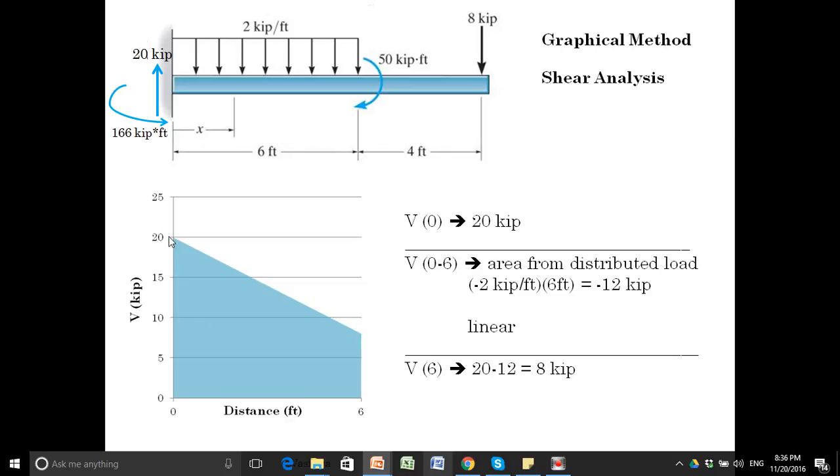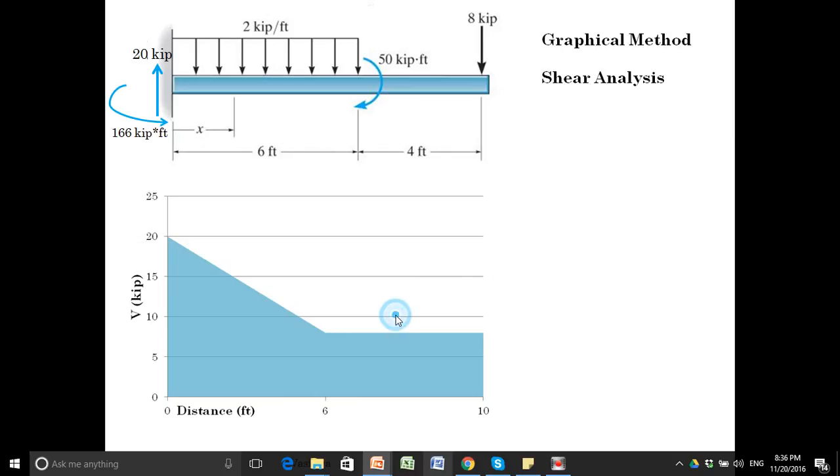And like I said, we know that this is linear because our distributed load is a constant load that's distributed. So yes, I hope that's kind of clear. So from there, we proceed to the next section.